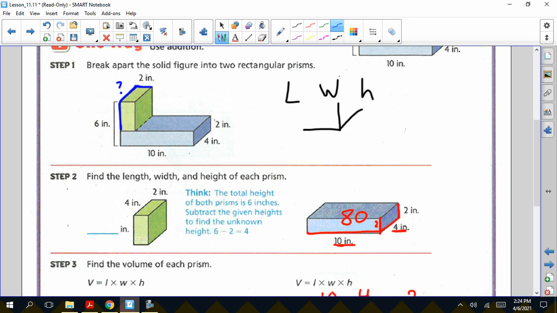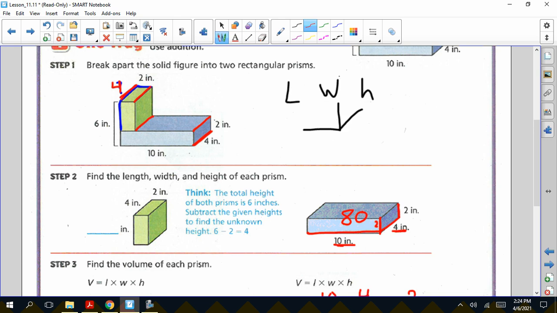So we have to look around the rectangular prism for other lengths that are the same. This length is the same as that. This length is the same as the width here, and so is that one. So because this width here is 4, this line here that runs the same direction is also 4. So our width here is going to be 4 inches.